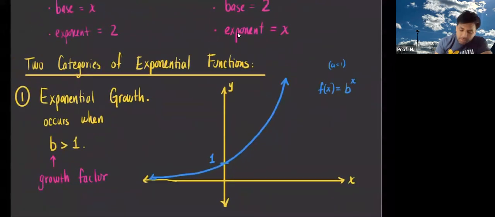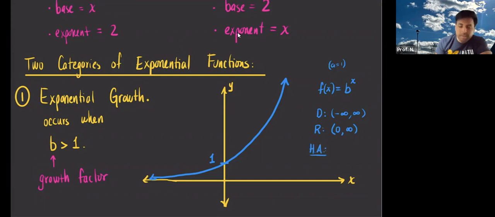Now, what would be my domain? And what would be my range? Well, my domain is all real numbers, negative infinity to infinity. And my range is 0 to infinity. Exponential functions have horizontal asymptotes, but they don't have vertical asymptotes. So this does have a horizontal asymptote.